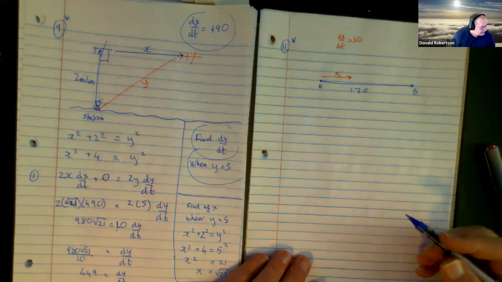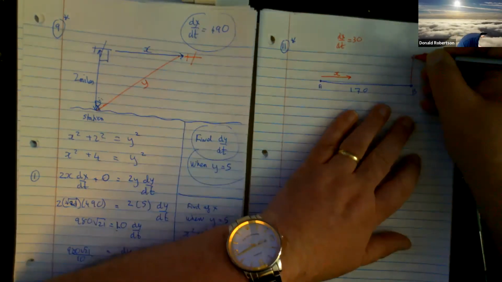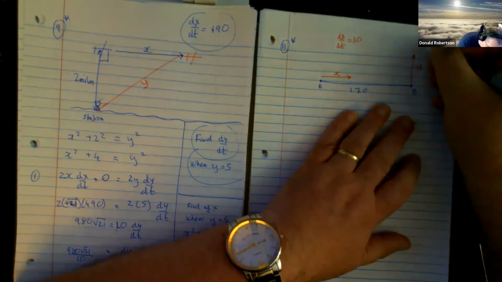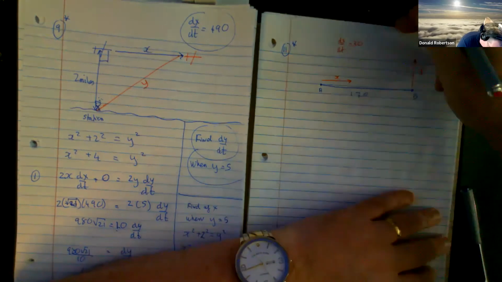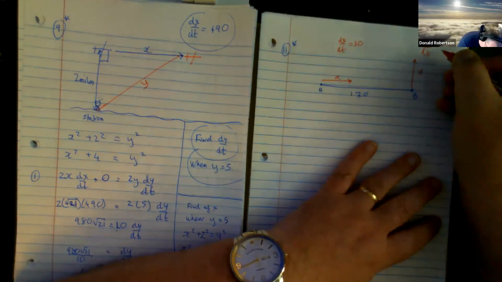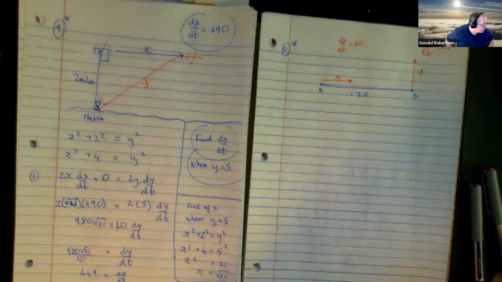And ship B is sailing north. Okay, so you're going north, and I'm going to call that guy Y. And you're telling me that it's sailing north at the rate of 25 kilometers per hour. Okay.